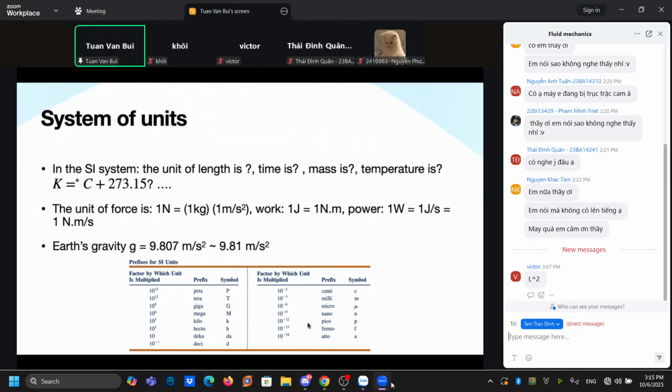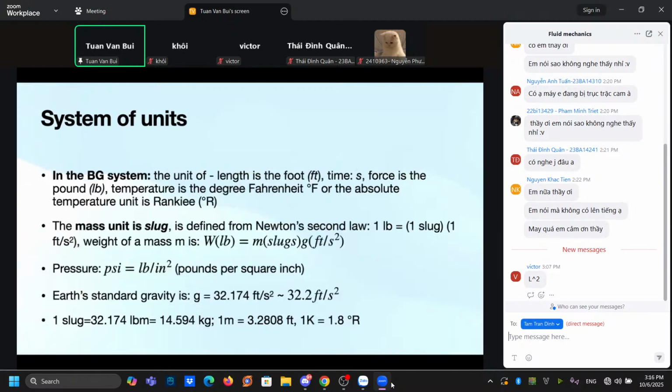If it's very small, we can have centi, milli, micro, nano, pico, femto, atto. The prefix helps us to reduce or quickly read the value of the parameter. Normally we will encounter giga, mega, kilo, centi, milli, micro, and nano, and the others are very rare to see. Okay.